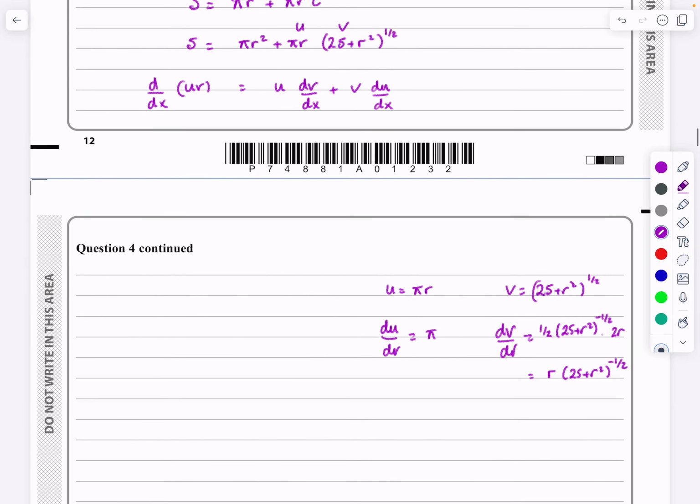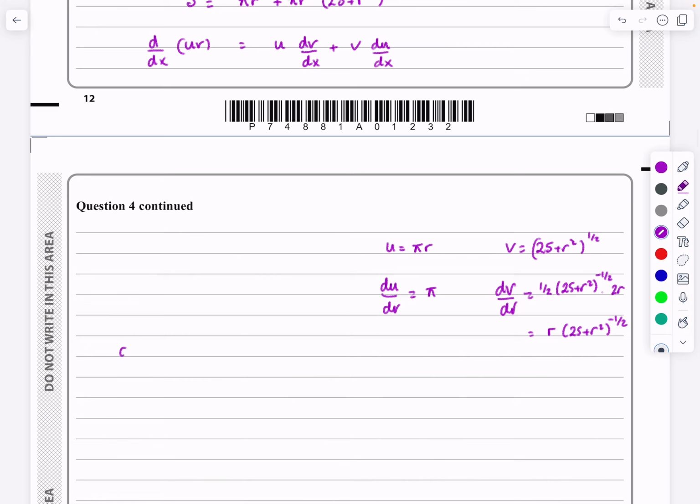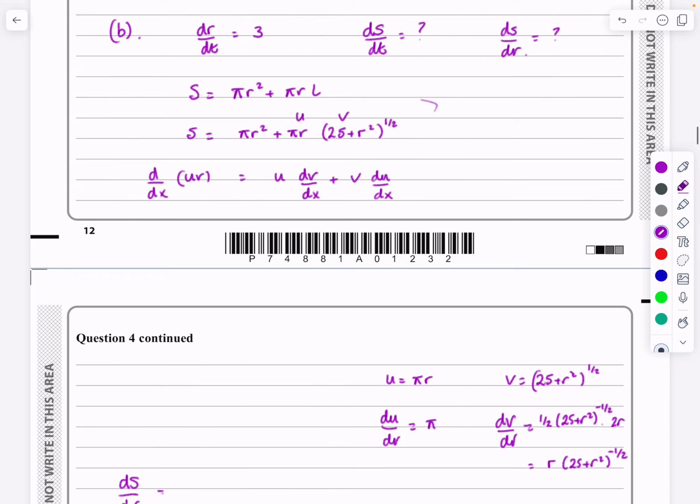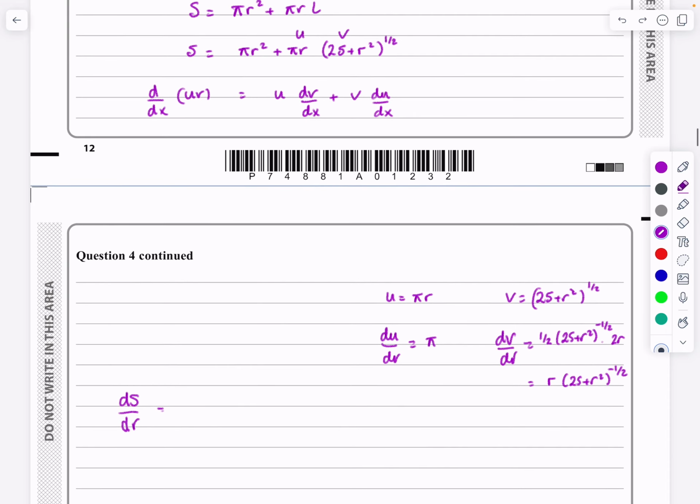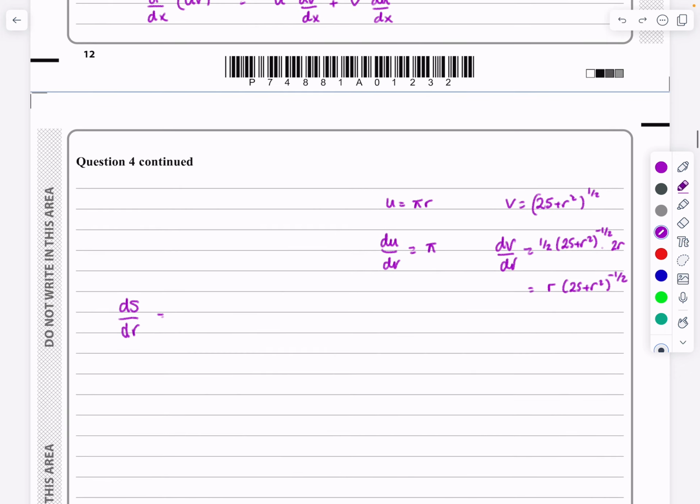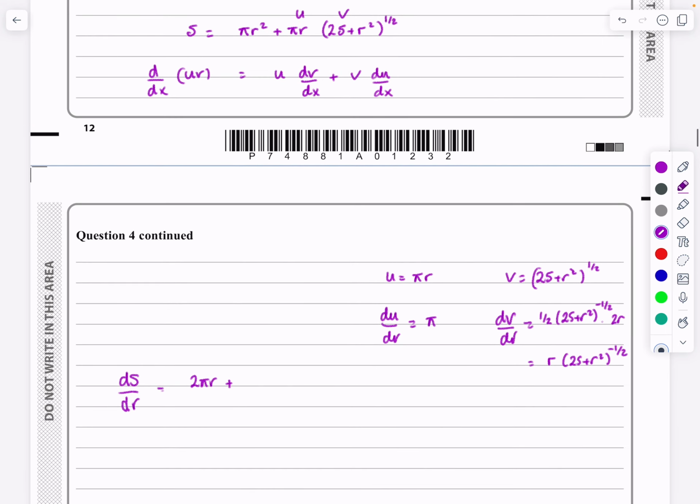So now when I'm doing my differential, I can say ds by dr, I'm going to differentiate all of this. Differentiating pi r squared up there, ds by dr will be 2 pi r plus, and then u dv by dx plus v du by dx. Actually, if I'm being 100% accurate here, I should change all those x's to r's, shouldn't I?